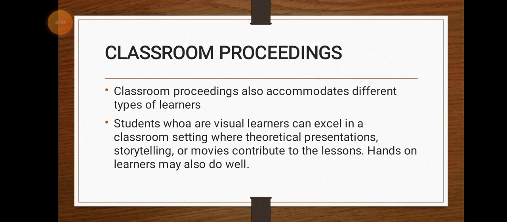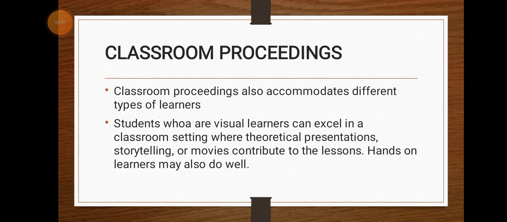Then the classroom proceedings. Classroom proceedings also accommodate different types of learners. Students who are visual learners can excel in a classroom setting where theoretical presentations, storytelling, or movies contribute to the lessons.